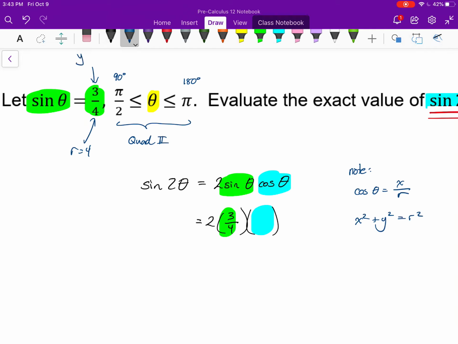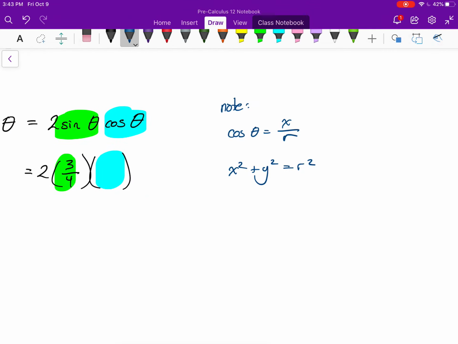And so I can figure out the cosine of theta without ever figuring out theta, which, if that sounds strange, we did that a lot in the mid part of chapter 4. We'd find the exact value of the cosine of 5 pi over 3. We never actually found the angle, but we found the cosine of it, or the sine or the tangent or whatnot. And so I can now piece this all together because I know that r equals 4 and y equals 3.